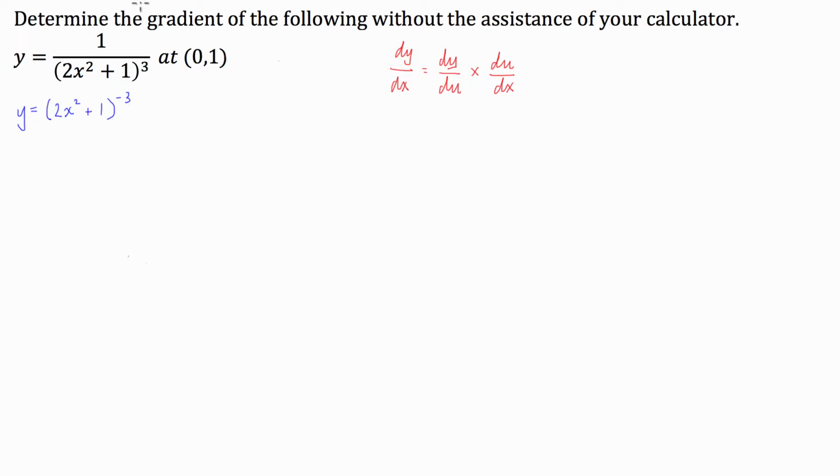We'll change colour. So we've got to start with y in terms of u. What we'll have here is we're going to label the inside function u. So we'll have u is equal to 2x squared plus 1, and y is going to be equal to, well, we've got the 2x squared plus 1, which we now are calling u, to the power of negative 3.